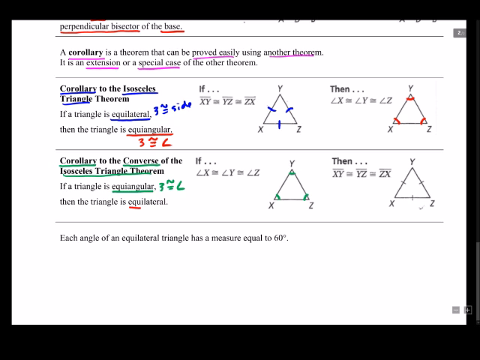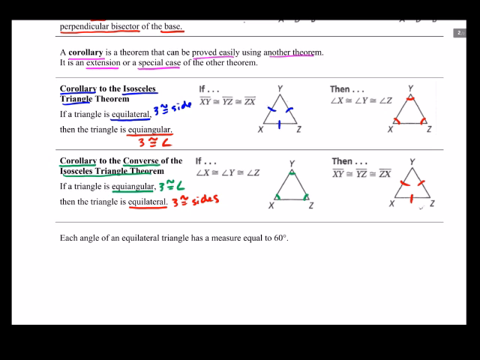The triangle is equilateral. 1, 2, 3 congruent sides. So no big surprises with the equilateral triangles. They are just very special isosceles triangles, which is why they get a corollary, a very special case of those theorems.